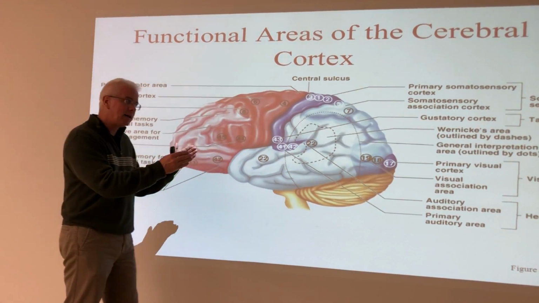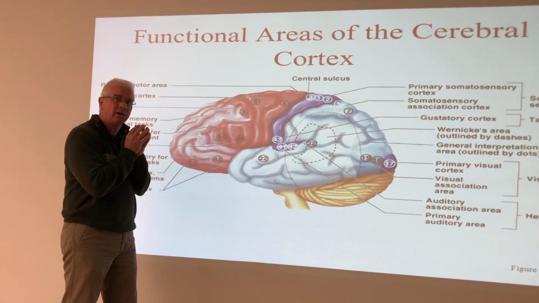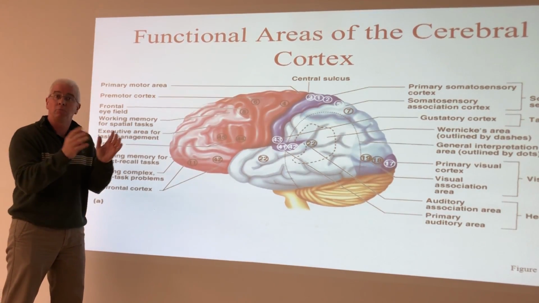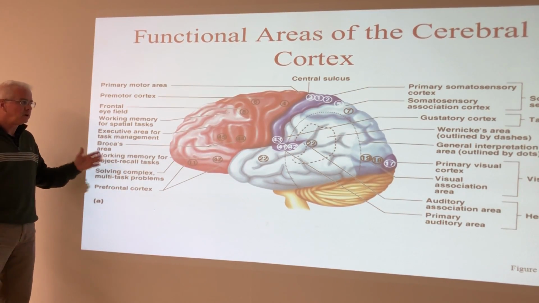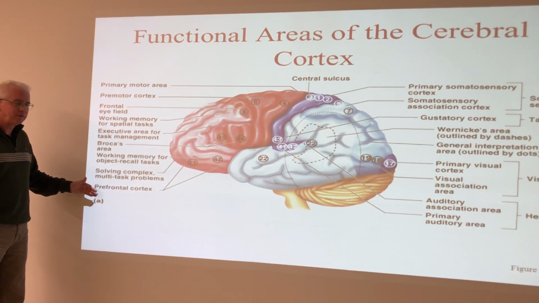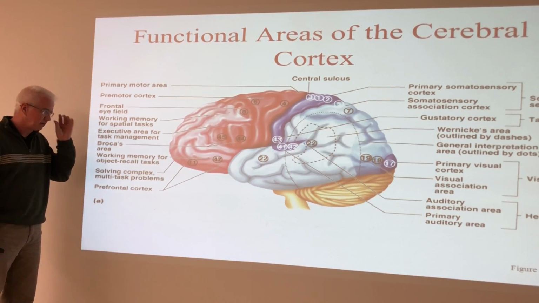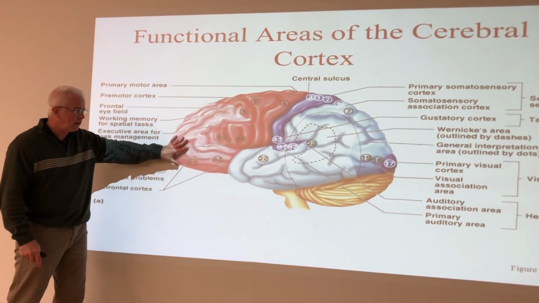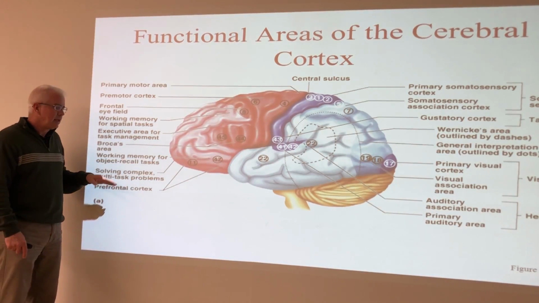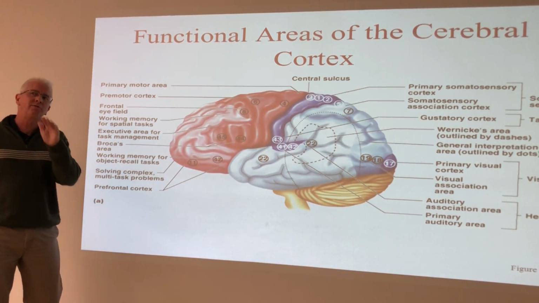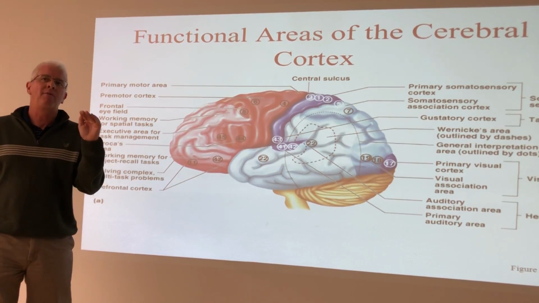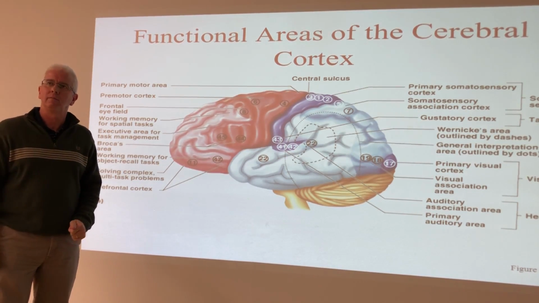So, with that, let's learn some of these areas. Let's learn some of the places in the brain that have these particular functions. All right, we'll start with the front. The frontal lobe, sometimes referred to as the prefrontal cortex, this extreme frontal portion of the cerebral cortex, is responsible for what most of you would have written down on a paper if I asked you to tell me about the special ability of human beings.